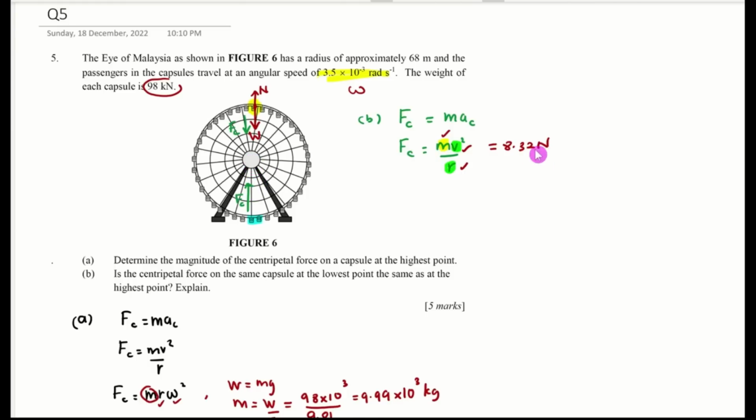But how about the magnitude? It depends on the mass, v or r, or we can say it depends on the mass, r, or the angular speed.